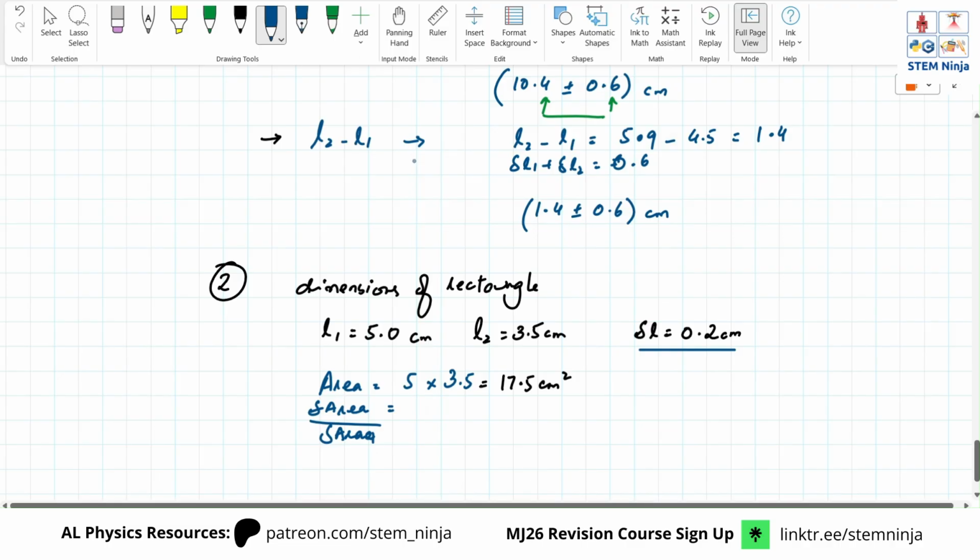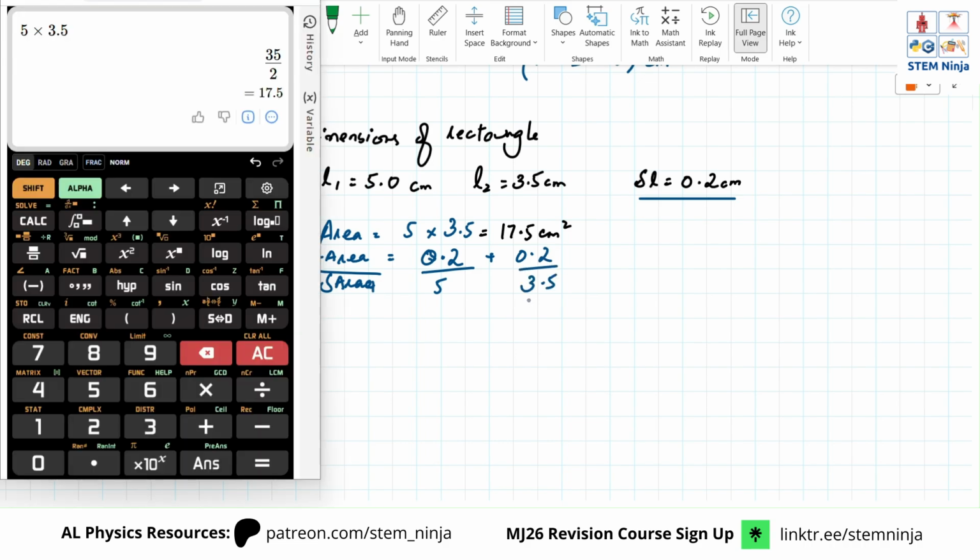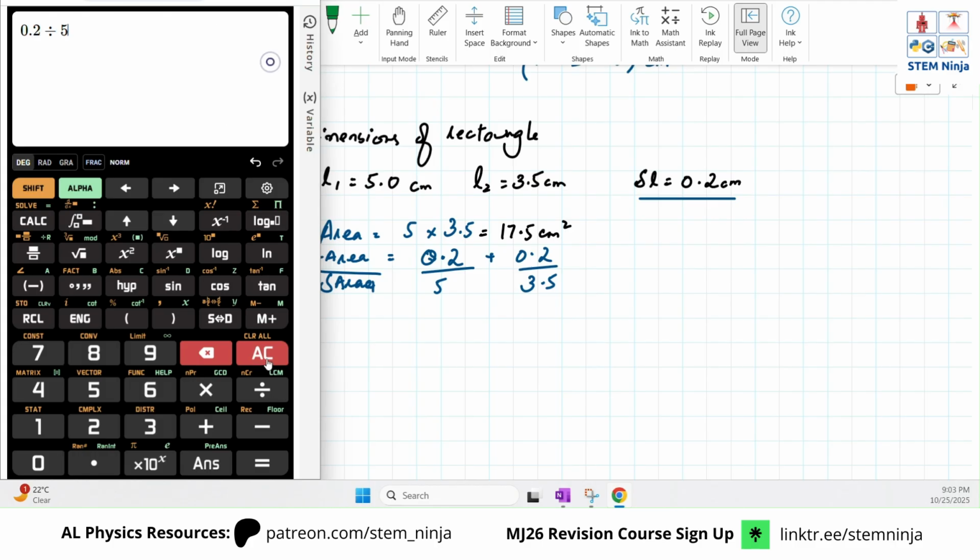So there are two ways to handle this. Either you find out the percentage uncertainties of both lengths first, or you add the fractional uncertainties. So 0.2 over 5 plus 0.2 over 3.5. So let's find the value. 0.2 divided by 5 plus 0.2 divided by 3.5.